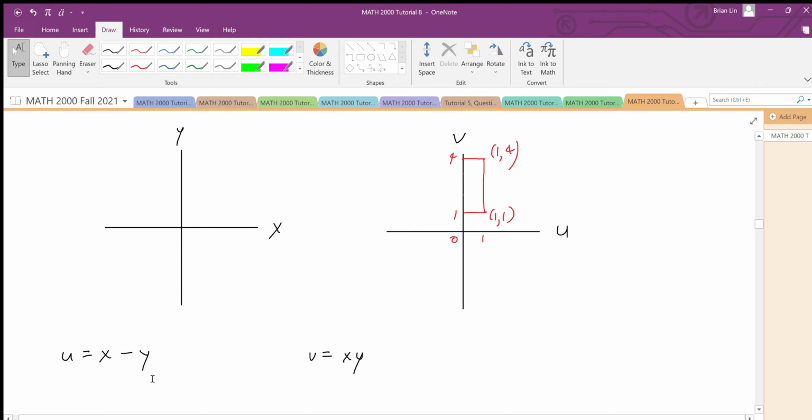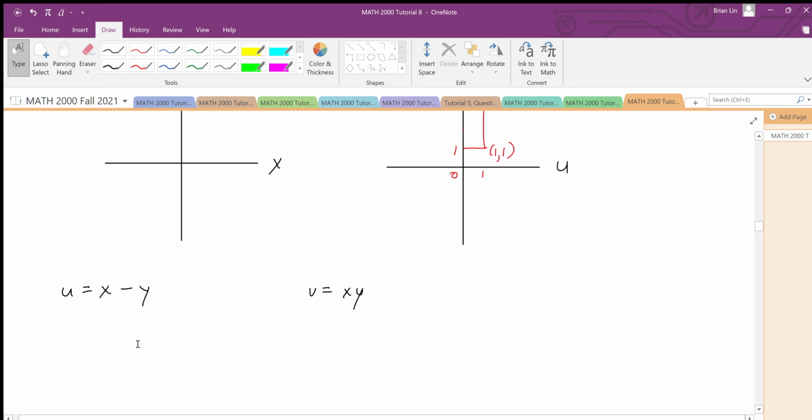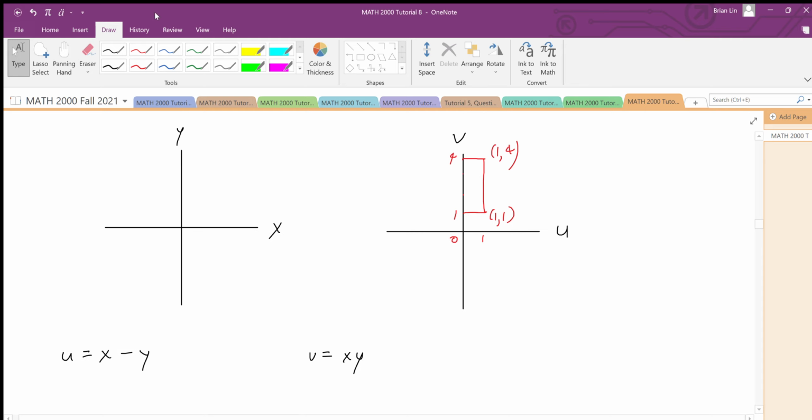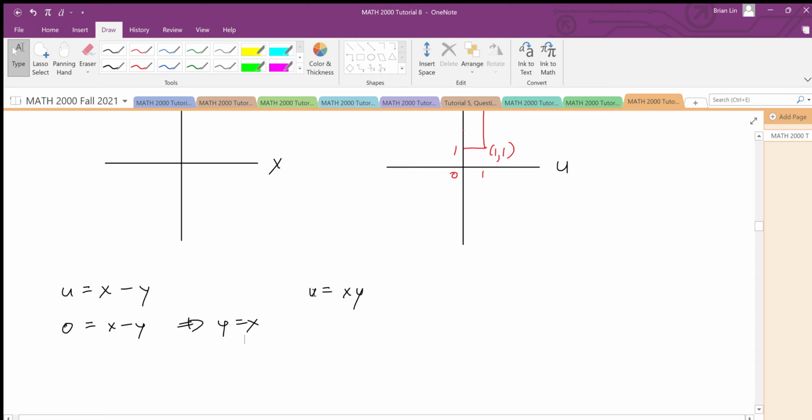Let's say we want constant function u equals 0 and u equals 1. u equals 0 is the same thing as saying x minus y equals 0, which is y equals x. u equals 1 means 1 equals x minus y, and you rearrange and you get y equals x minus 1.